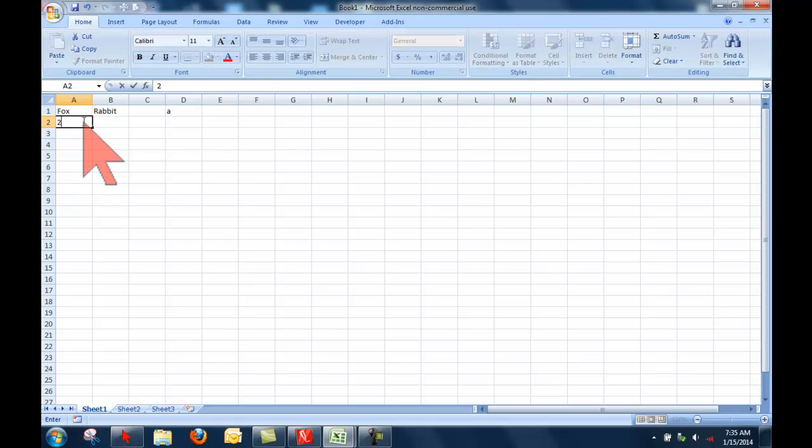I initially start with 2,000 fox and 10,000 rabbits, and thereafter the fox population goes as, so here's a formula, the next year's fox population is 0.3 times previous year's population plus 0.5 times previous year's rabbit population.